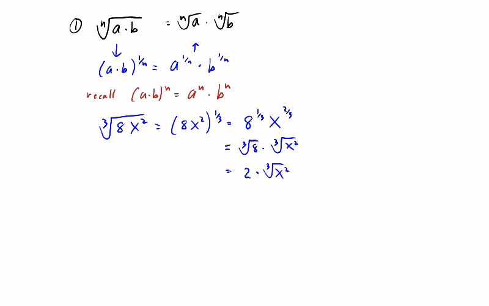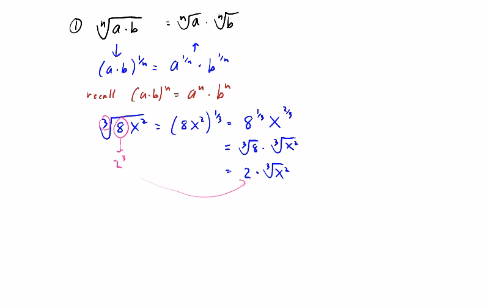Now notice what we started with. This is a point of etiquette. 8 was underneath of the radical. In general, since 8 is 3 factors of 2, if we ever have a number of factors equaling the number of the root, mathematicians generally like to bring it outside. It's just considered a little bit more polite to do that.